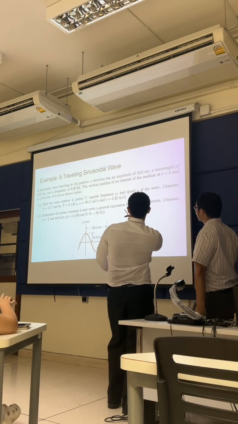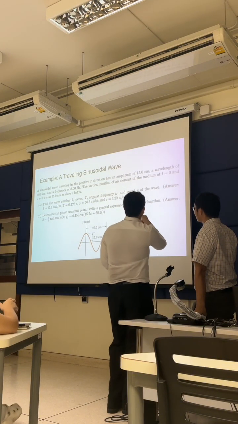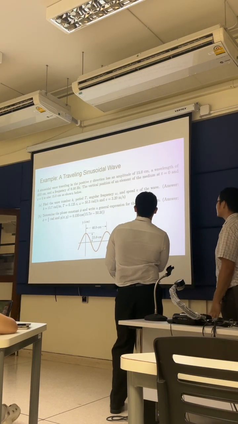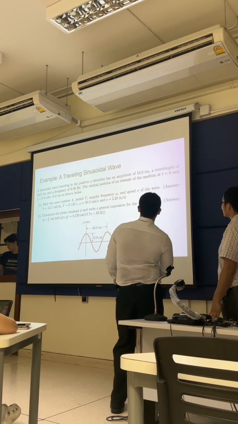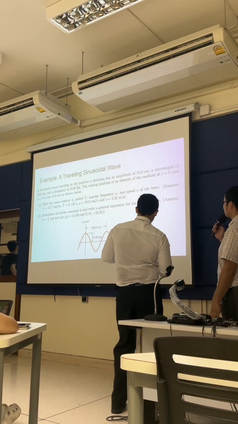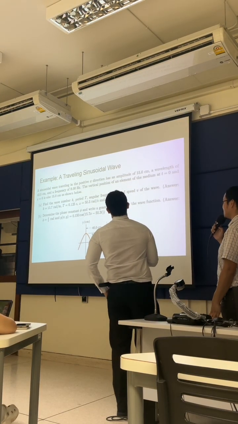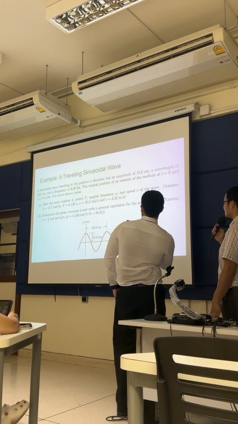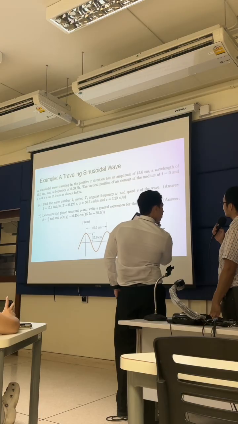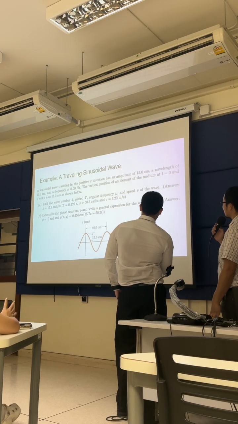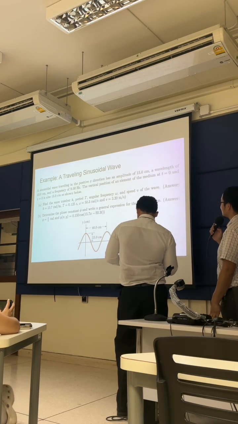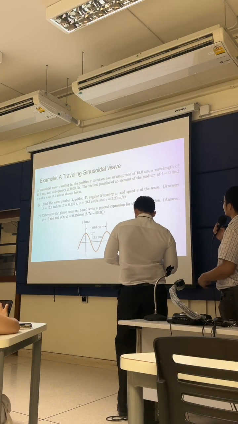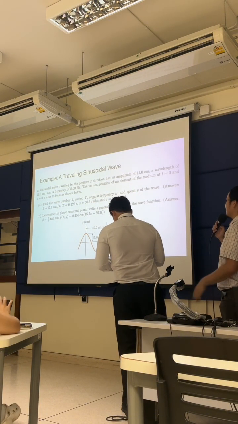How do I even find V? Your question is how do you use amplitude to find V? I mean, the easiest way I could see here, maybe there is a better way, is to use V equals F lambda.